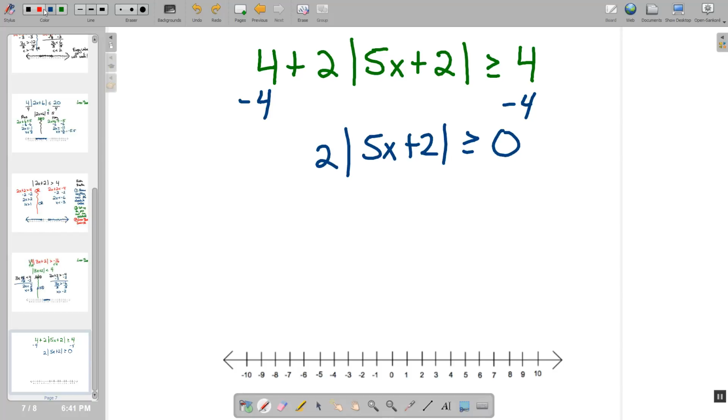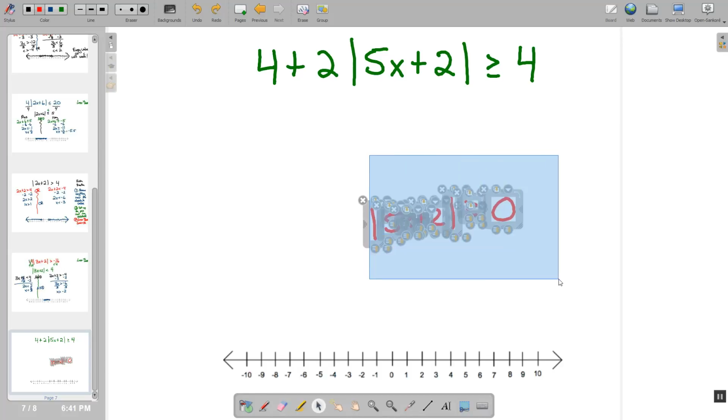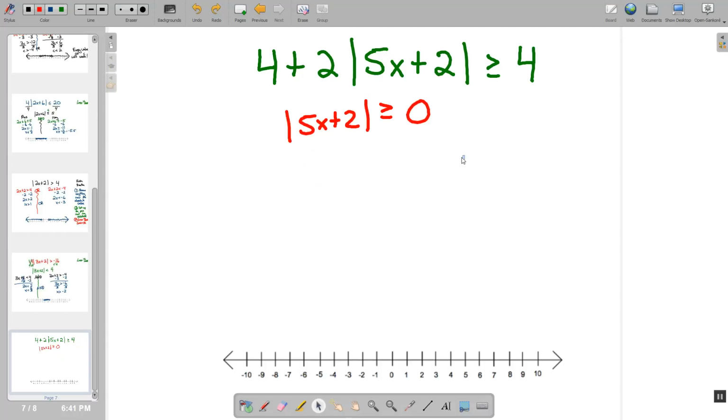I've got to keep my eyes open because it's likely that this problem's going to throw us a small wrench here. So I get the absolute value of 5x plus 2 is greater than or equal to still 0. Now I can still set up my positive and negative solutions here, but I should be well aware that something weird might be happening because we don't normally have a 0 on our inequality symbol.